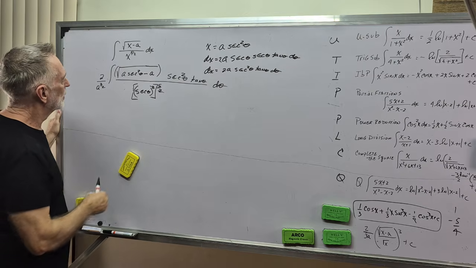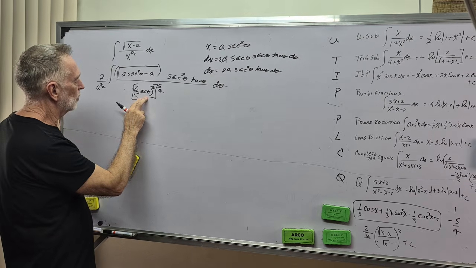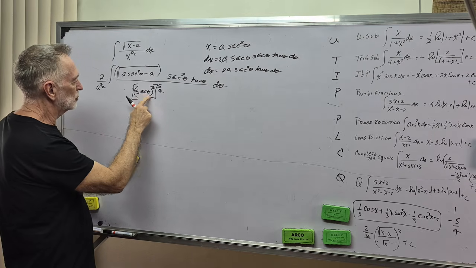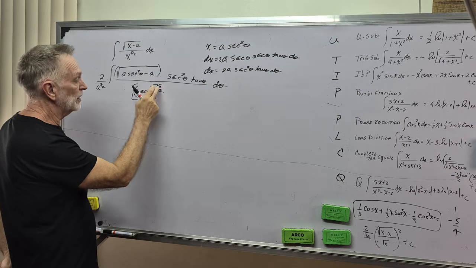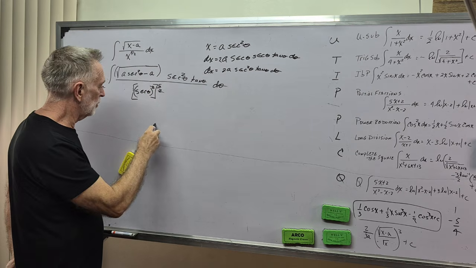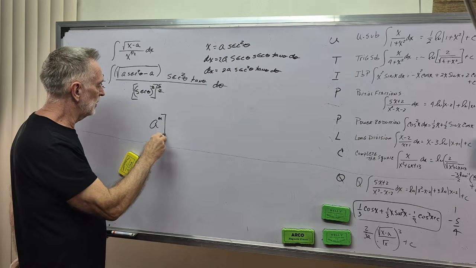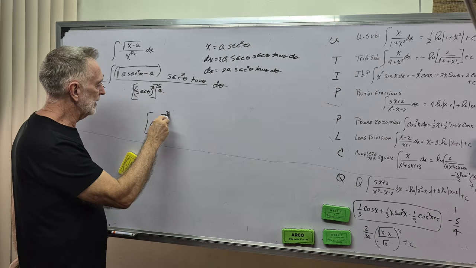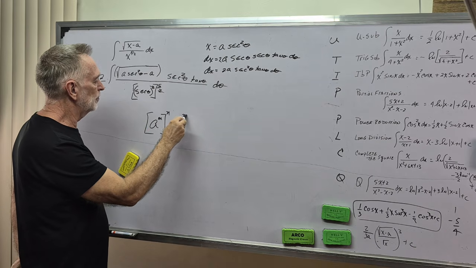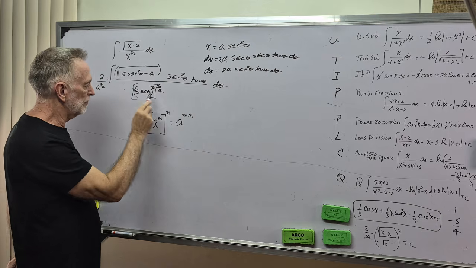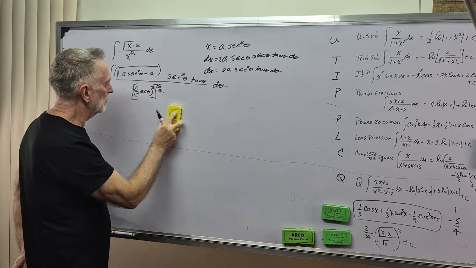All right. What else did we have going on? We had secant squared raised to the 5 halves power. And you know, when you have a to the m raised to the n, that's a to the m times n, which is what we've done here. Okay.